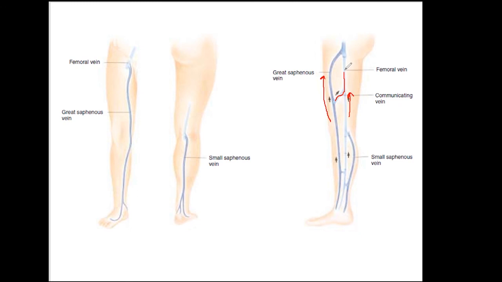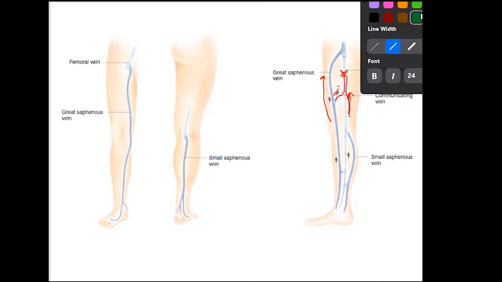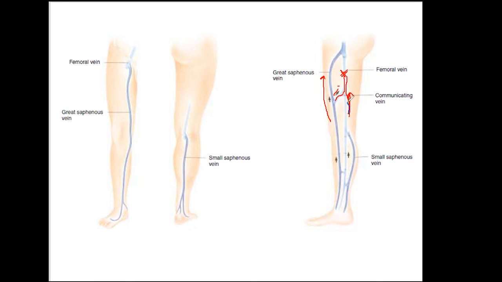So we can think about something happening here, blocking the blood supply. The blood coming from here couldn't pass in, and the blood coming from here couldn't pass in. So what will happen? Basically all the blood will go to the superficial veins this way and try to return. That's why there is a swollen vein there.